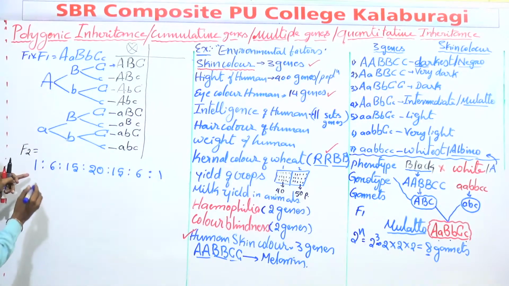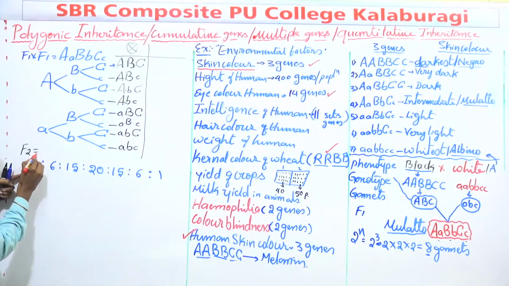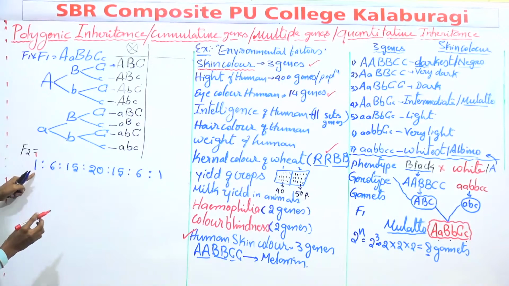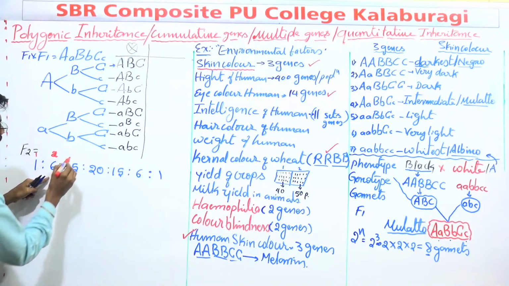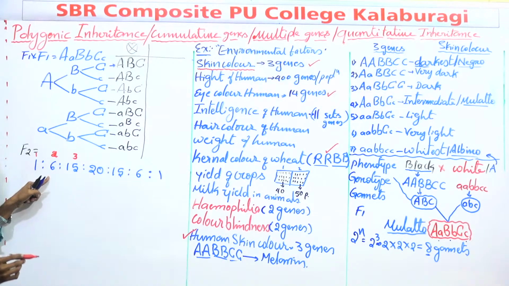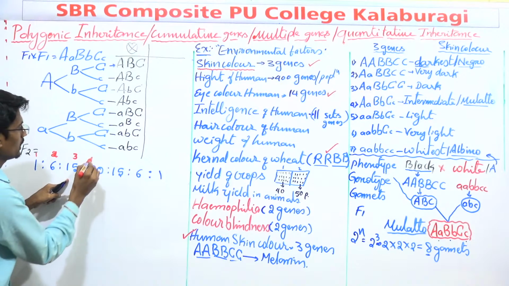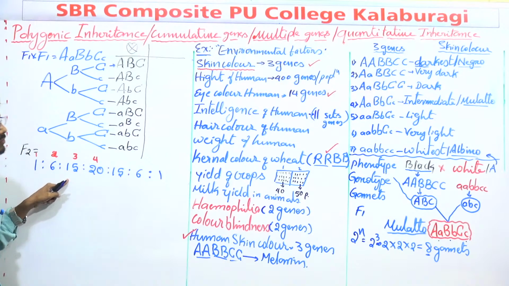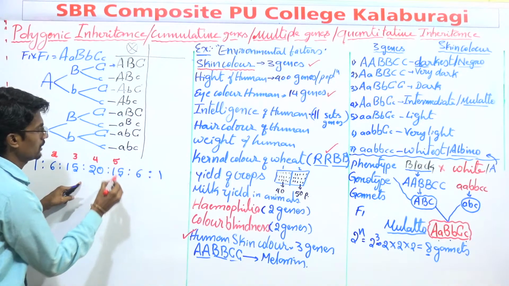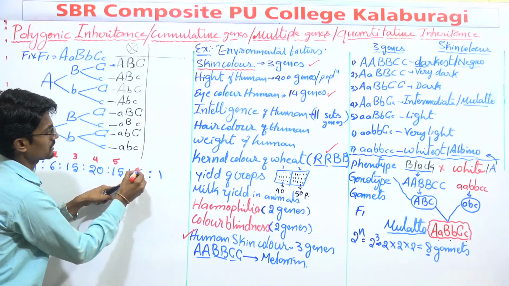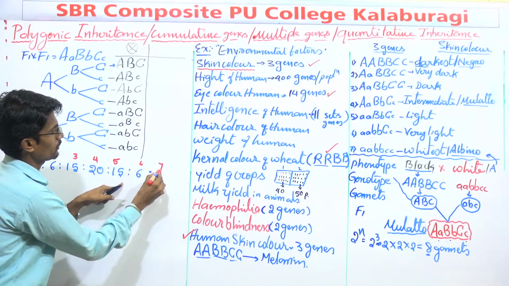The first one is Negro, the second one, 6, is very dark, 15 is dark, and 20 is intermediate, that is the fourth one. 15 are light, and 6 is very light in color, and what is the 7th one?